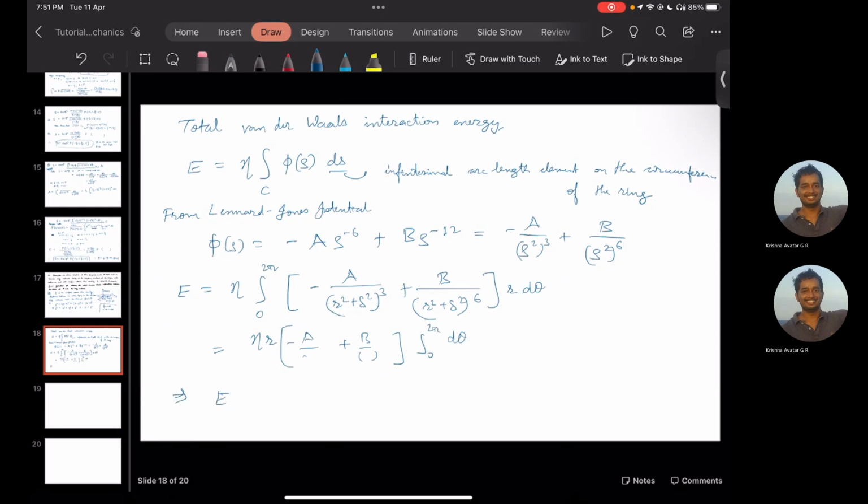Which means the total van der Waals interaction energy is E is equal to 2 pi eta R, and then we'll have minus A by the same thing to the power cube plus B by r square plus delta square to the power 6. So there is our interaction energy that we are trying to compute.